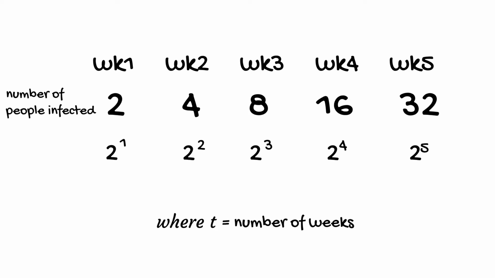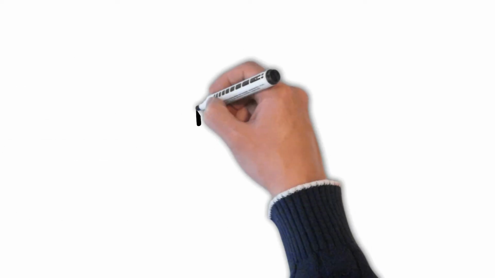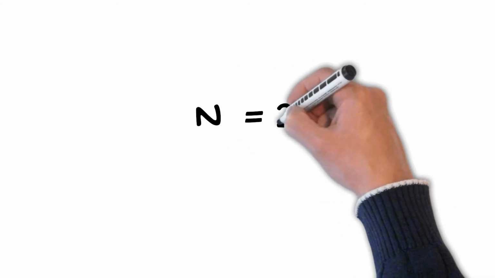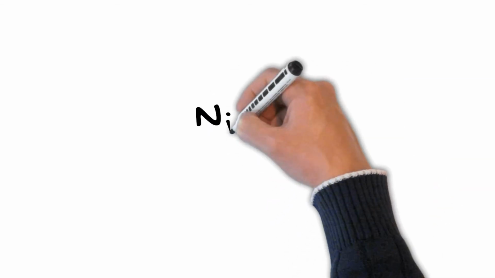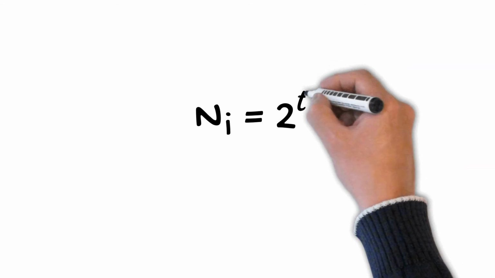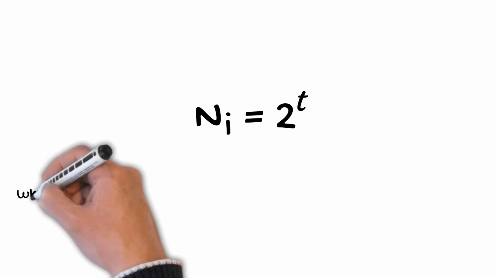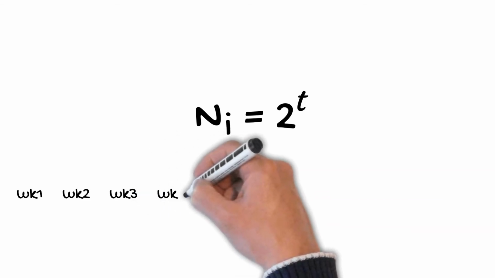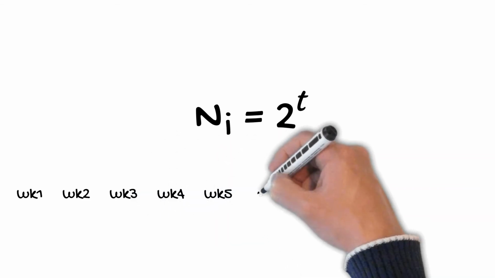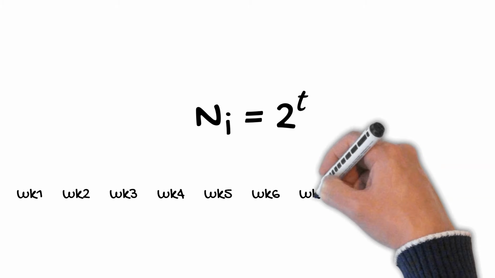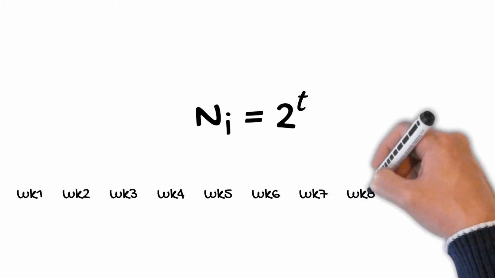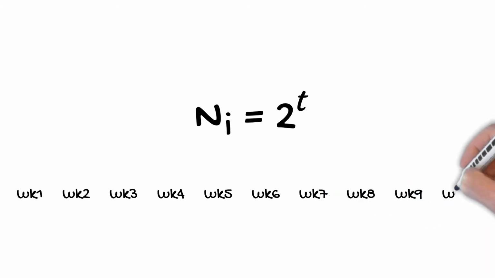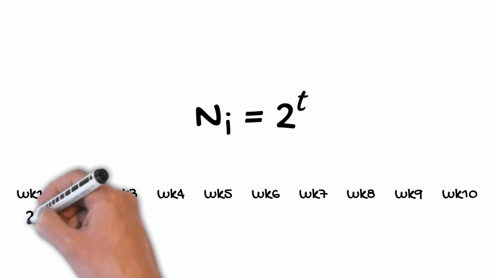So the formula for this type of growth rate would be Ni equals 2 to the power of T. Simply each person is infecting another person. Therefore, there's a doubling, which is why it's 2 to the T.